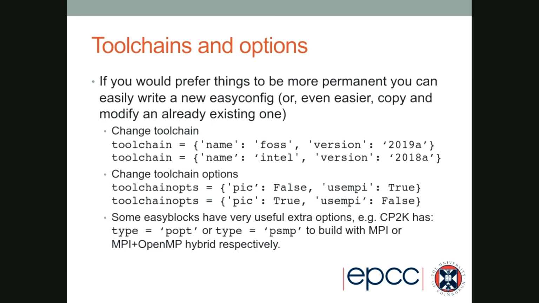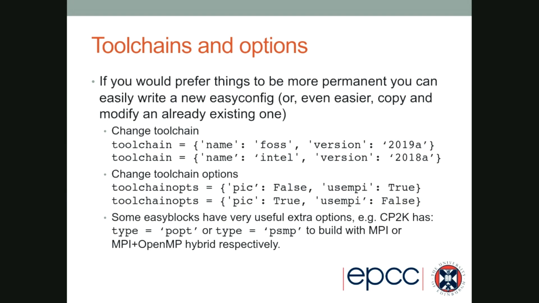So if you prefer things to be more permanent than just providing options at the command line at build time, if you were creating an entirely new version, say for a new version of the software, then you can just write a new Easyconfig. As I say, there's a directory available once you install EasyBuild, and you can just jump in.